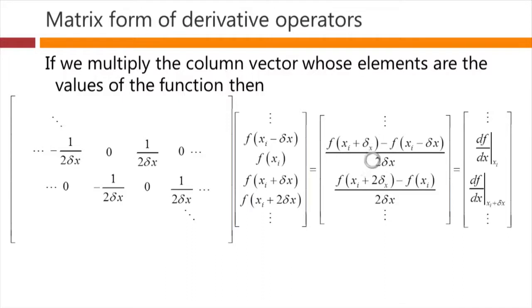But this element here is just the derivative df by dx near xi, and this one is just the derivative df by dx near xi plus delta x, and so on. So indeed, this is a good representation of a derivative operator represented as a matrix.